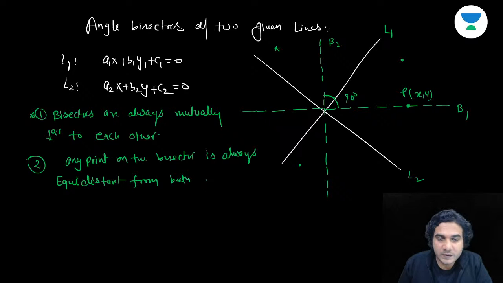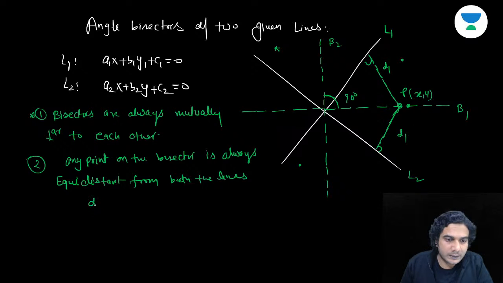So this is the point which we are going to use. If I take this point P on the bisector B1 or B2, then these two distances are going to be equal. D1 is equal to D2, all right?